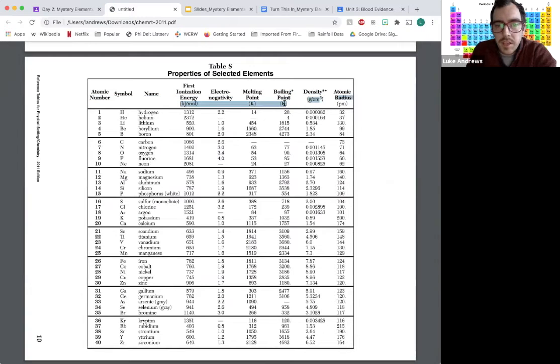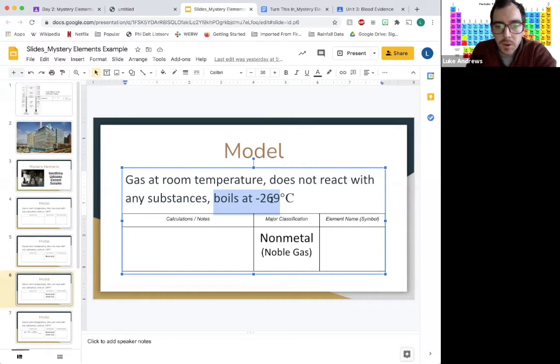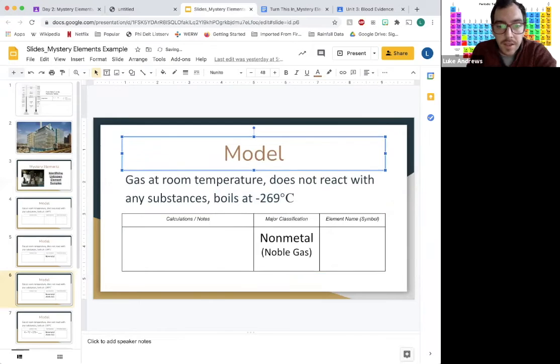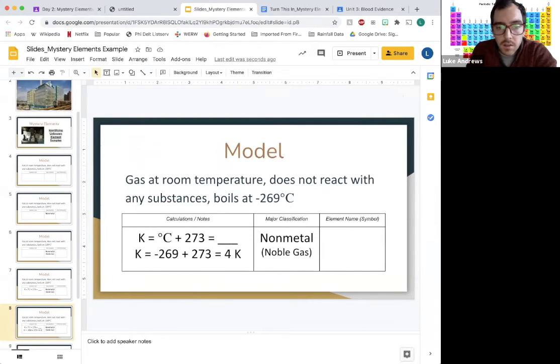But our boiling points are given to us in K. So we need to convert this boiling point of negative 269 degrees Celsius to Kelvin. How are we going to do that? Well, we're going to take our equation, Kelvin equals temperature in Celsius plus 273. We're going to add negative 269 plus 273, and we get 4 degrees Kelvin. That is very, very cold, but 4 degrees Kelvin is the same temperature as negative 269 degrees Celsius.